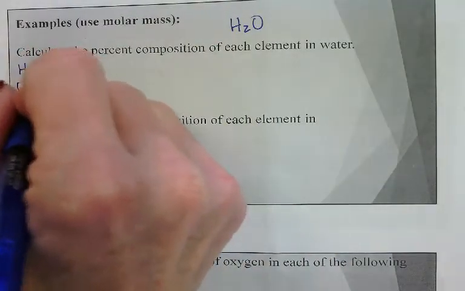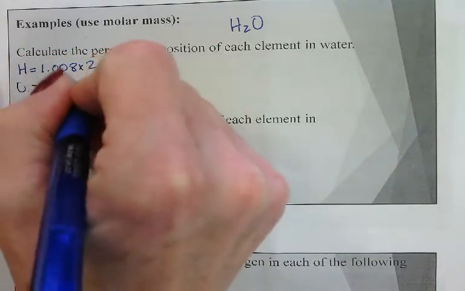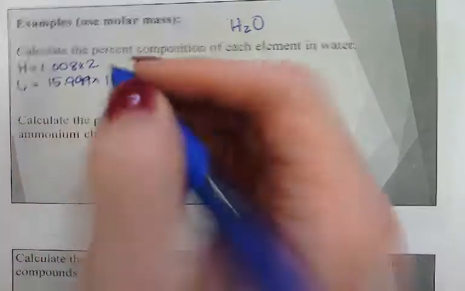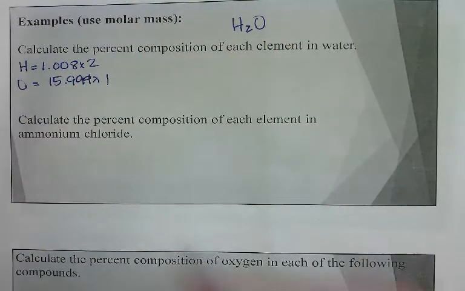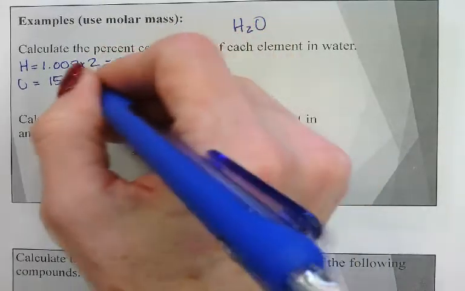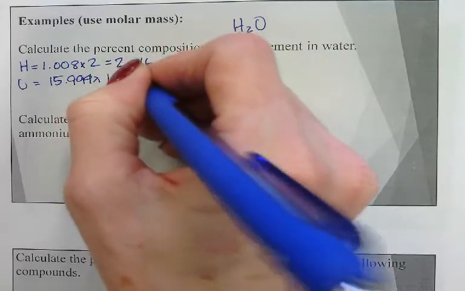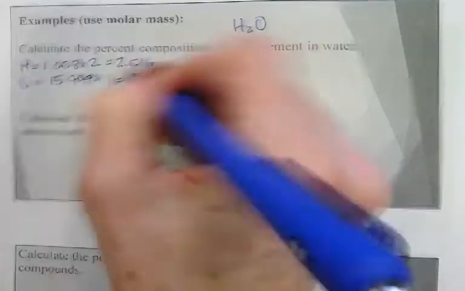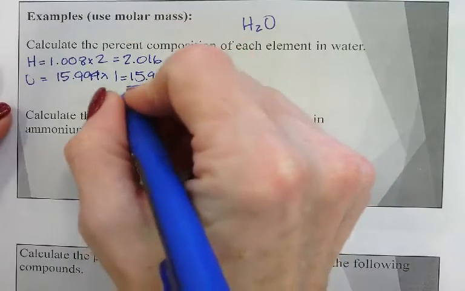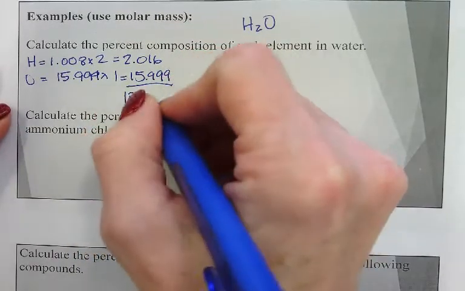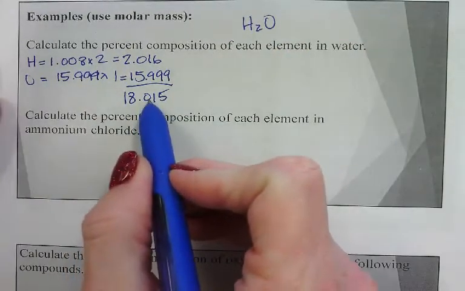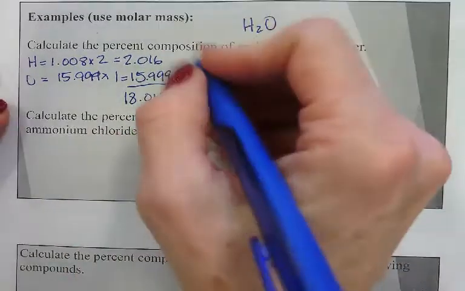The mass of oxygen is 15.999, and there's one of them. So 1.008 times 2 is 2.016, and then 15.999. To find the mass of the whole thing, I add those together and I get 18.015 grams. So that's the whole, and these are the parts.